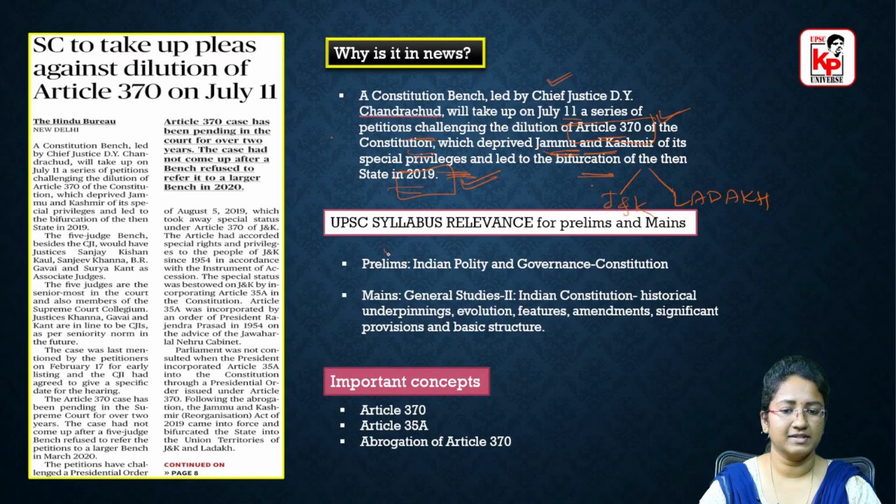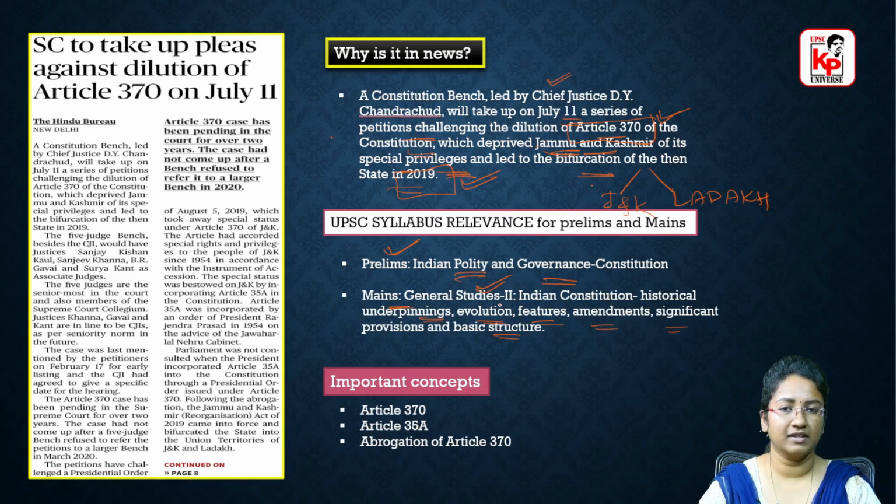Coming to the UPSC syllabus relevance: for prelims it comes under Indian Polity and Governance, Constitution, and for mains it comes under General Studies 2, Indian Constitution, Historical Underpinnings, Evolution, Features, Amendments, Significant Provisions and Basic Structure.